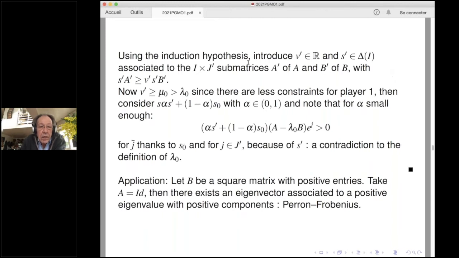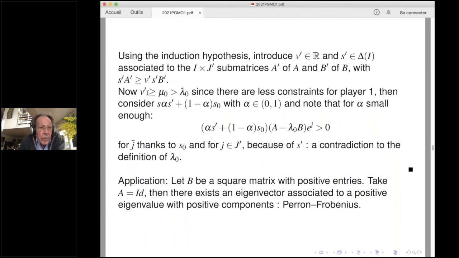And obviously, you have this property because S prime is optimal for player 1 in the new game. Now, in the new game, m plus n is decreased by 1 because you drop either a column or a line.